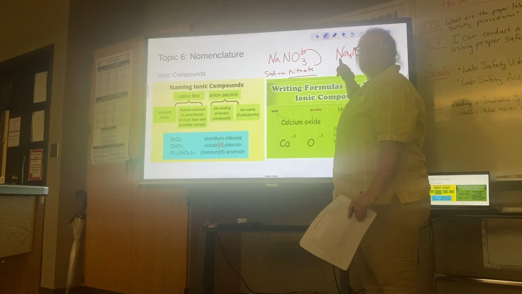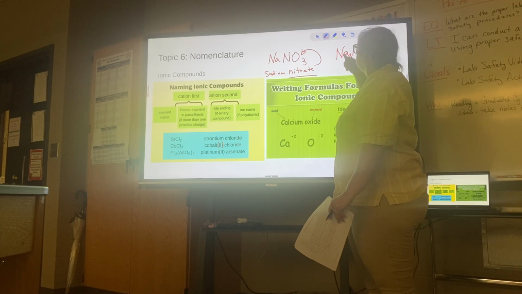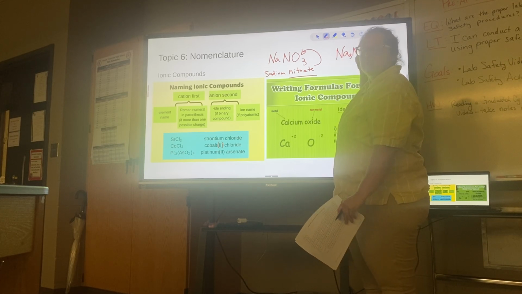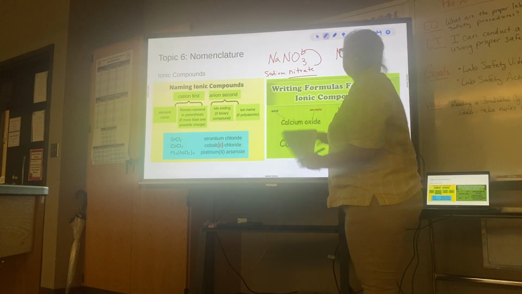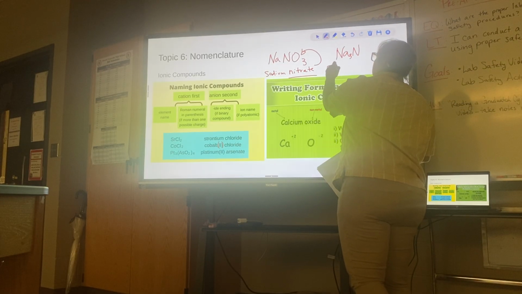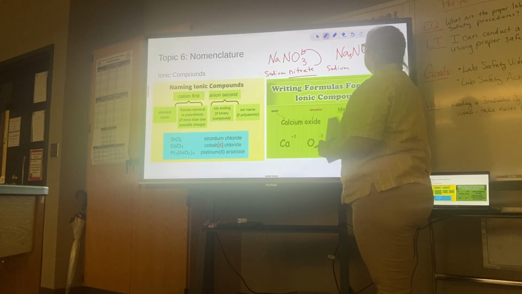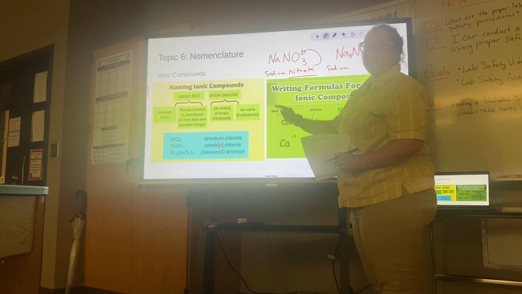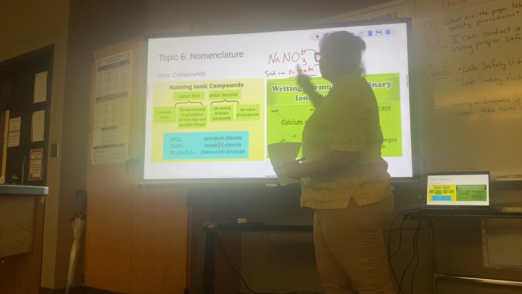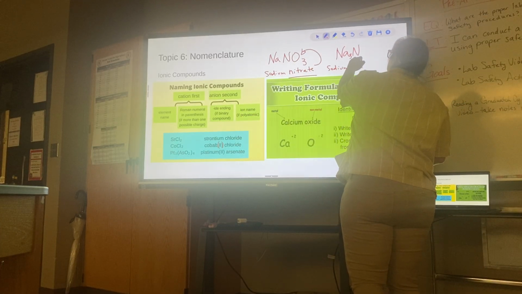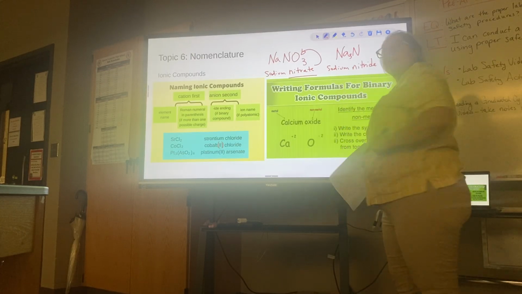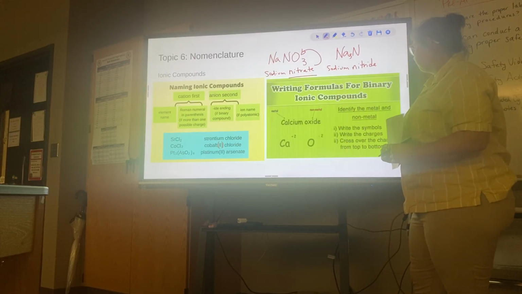This also is an ionic compound because it's a metal with a nonmetal. So give the name of the cation, sodium, and give the name of my anion, but because this is not a polyatomic ion, I end with -ide. So this would be sodium nitride for that name.